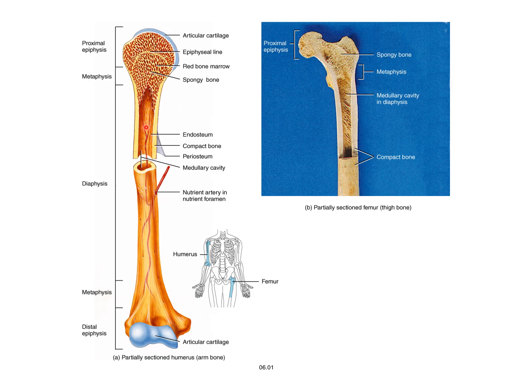So the bone grows in diameter by the help of these cells in the endosteum and the periosteum, and bone grows in length only at the epiphyseal growth plate by the help of the cartilage here.